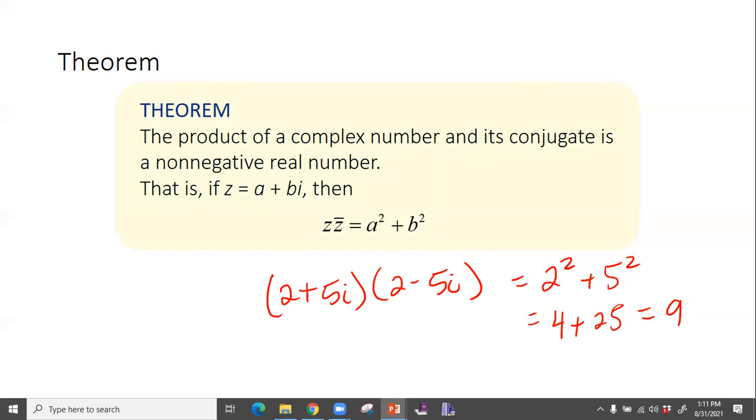Okay, so that's what that theorem is saying. A complex number times its conjugate produces a non-negative real number.